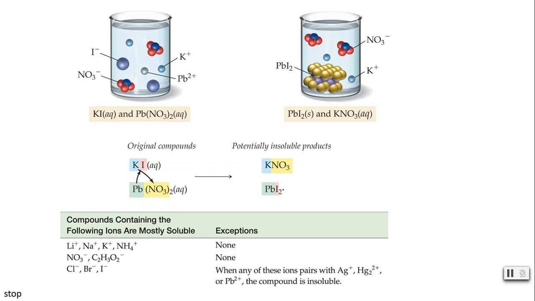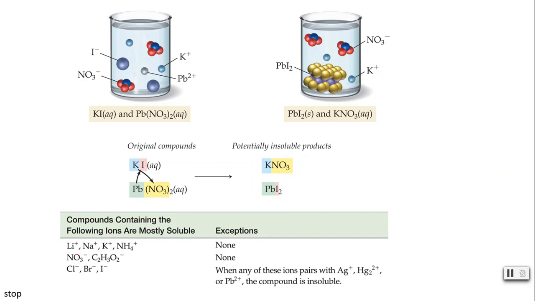So we're getting close to answering the question, do we form a precipitate when mixing potassium iodide and lead 2 nitrate? Well, we need to take what our 2 products are and look to see what their solubility is.